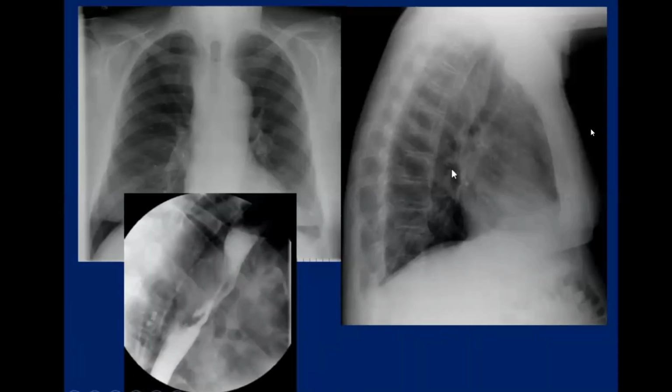So we thought that there's like esophageal pathology, so the patient underwent an esophagogram, and you see that there's a significant filling defect overlying the esophagus. There was no leak or perforation, so we're still not sure what kind of lesion this is.